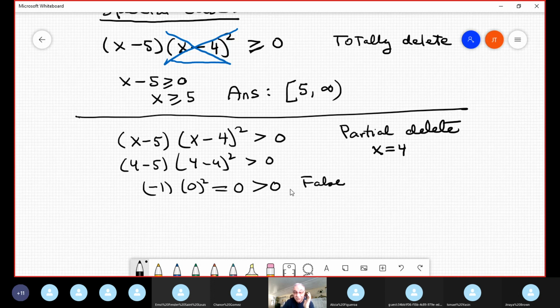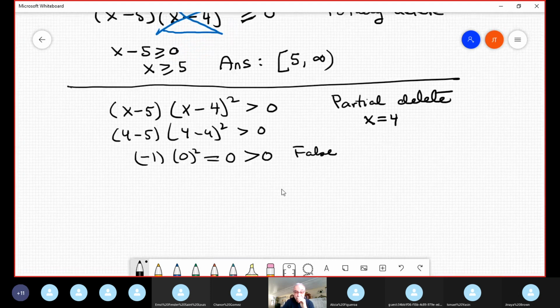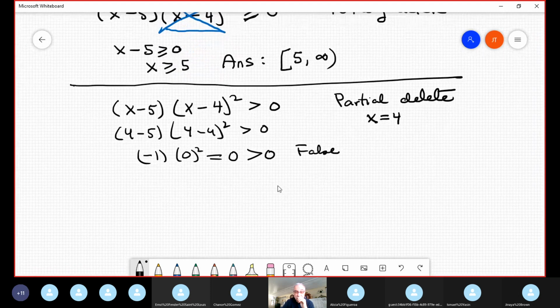So if you are aware of that situation, then you delete this, but a partial delete. What does partial delete mean? Well, you copy x minus 5 greater than 0, exactly the same as we did in the greater than or equal to 0 case.